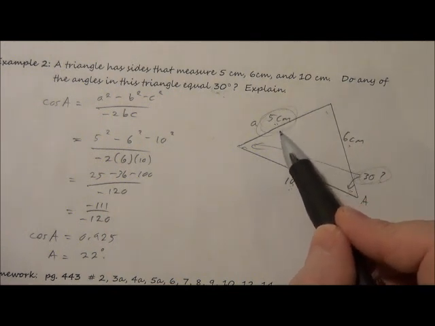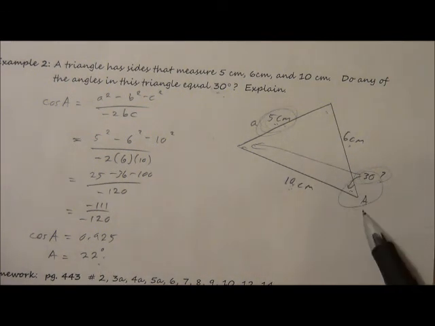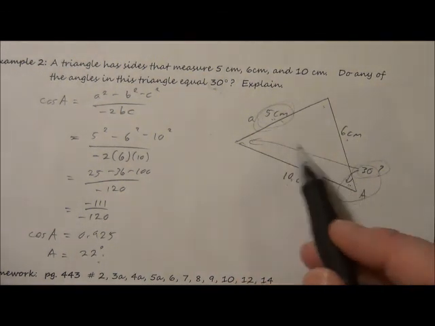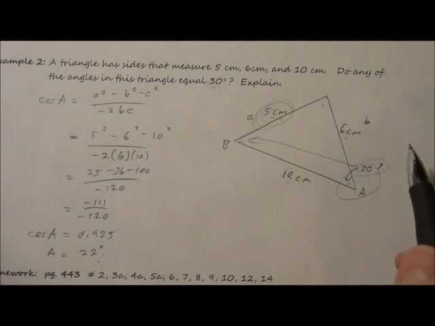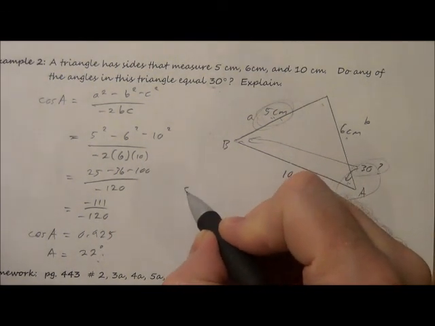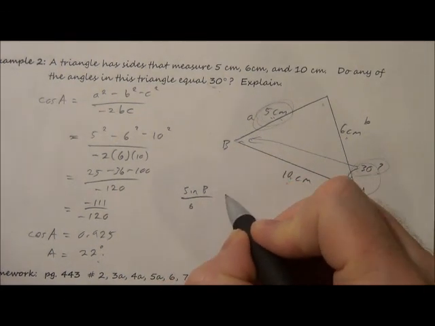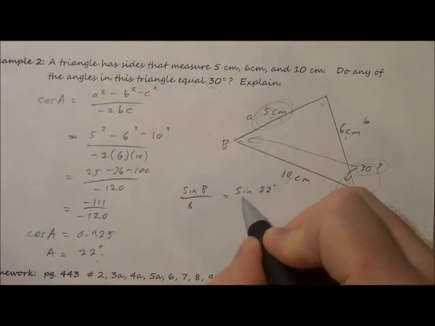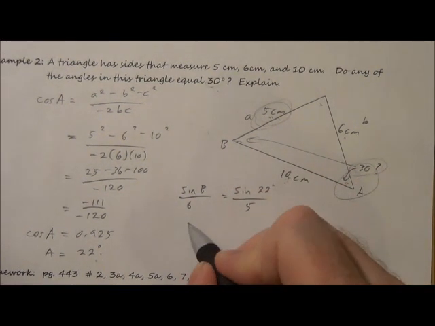I've got the side A, which is 5 centimeters, and angle A, which is 22 degrees. That would be my complete ratio, and I want angle B, so I'll use the sine law. Sine of B over side B, which is 6, equals the sine of A, which is 22 degrees, over side A, which is 5.